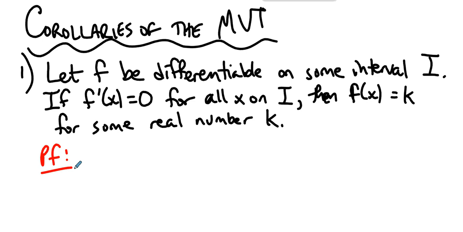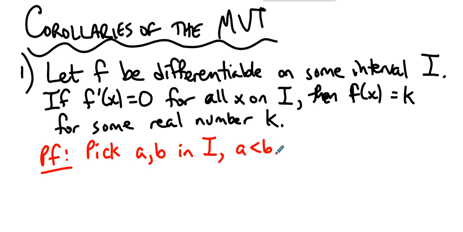How do we go about proving this? So we pick any 2 numbers a and b in the interval. Let a be less than b. Let's just assume that a is less than b.